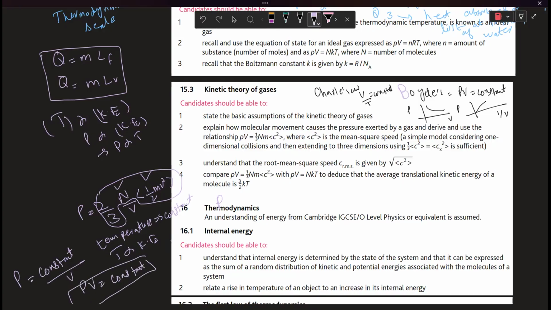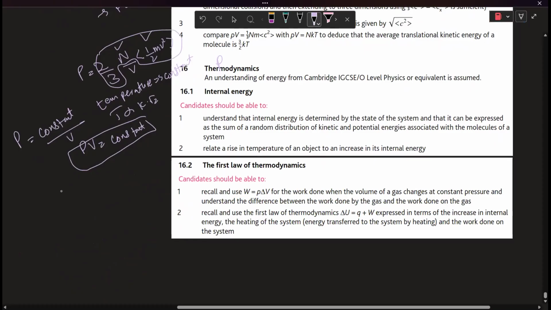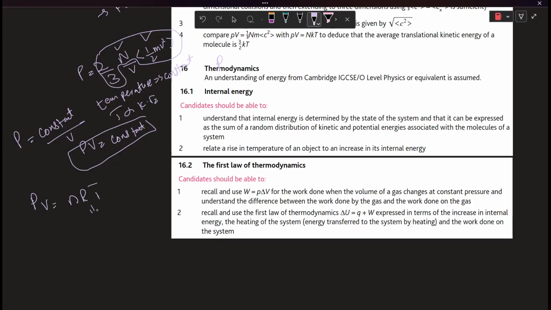If we go for the Charles law, for that we need to go for again this equation. But before that, we go for PV is equals to nRT. Here R is the general gas constant and has a value of 8.3 joules per mole into Kelvin. And what is a mole? How do we define mole?